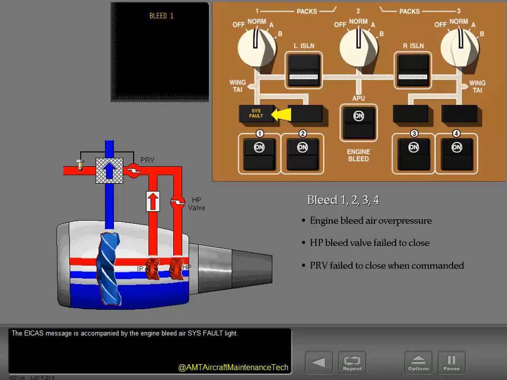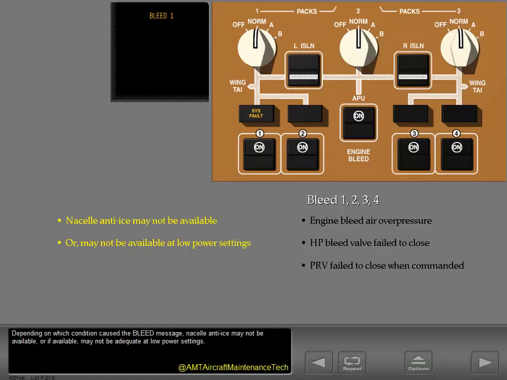The ICAS message is accompanied by the engine bleed air system fault light. Depending on which condition caused the bleed message, nacelle anti-ice may not be available, or if available, may not be adequate at low power settings.